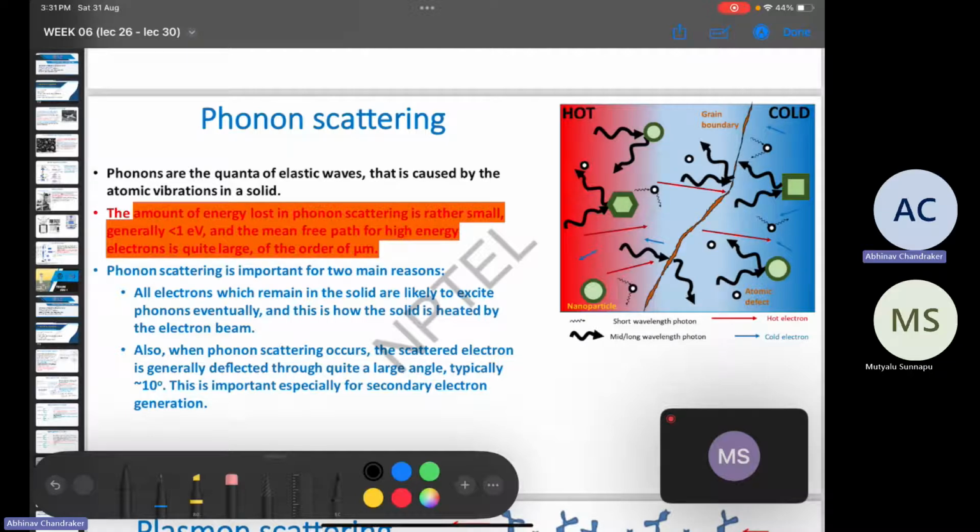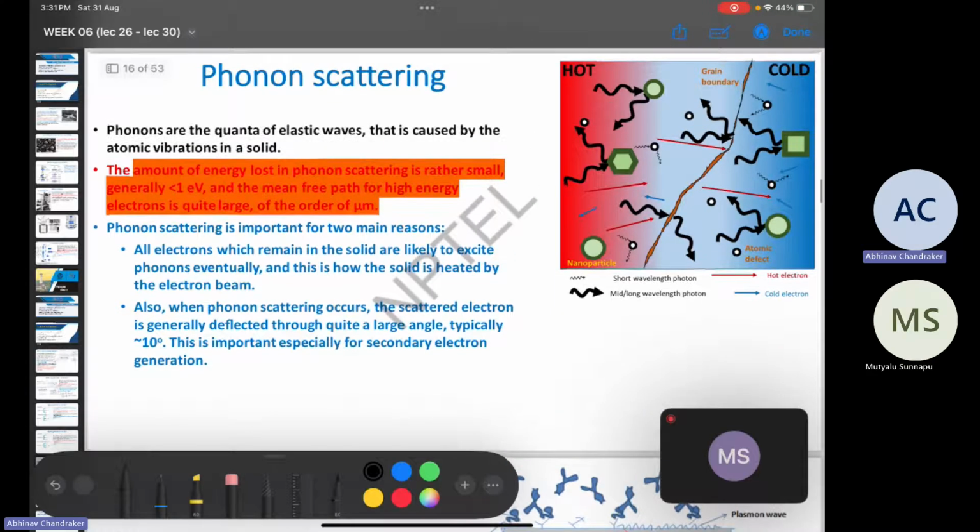But a lot of the electrons will stop somewhere within the sample. They will lose all their energy, and this happens by the inelastic scattering phenomena.